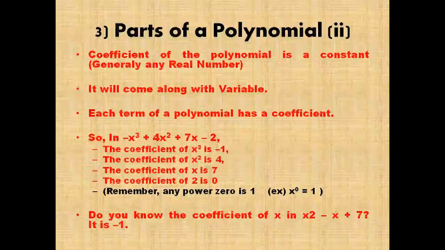Do you know the coefficient of x in x squared minus x plus 7? Before the x nothing is written, but a 1 is hidden, so its coefficient is minus 1.